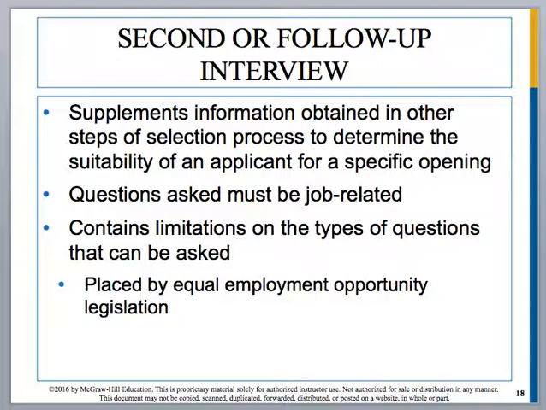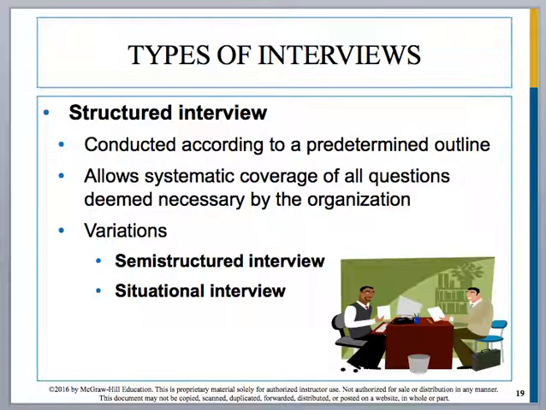It's steering away from whether or not an applicant is married, who they're married to, is it same sex, and so on. Those are things that cannot be brought up by the interviewer in an interview.